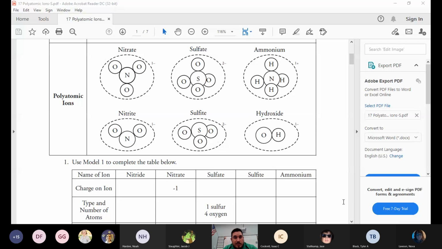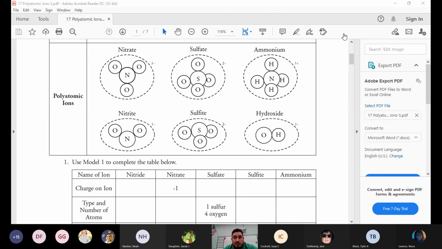What do you think chlorite charge is going to be? Yeah, it's going to be the same charge as the chlorate.